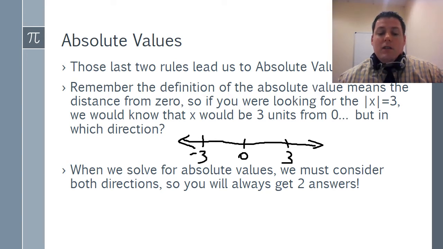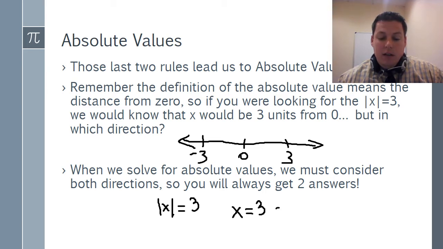So when we solve for absolute values, you have to consider both directions. So you will always get two answers. So in this equation, if we had just the absolute value of x is equal to 3, our answer would be x equals 3 or x equals -3.